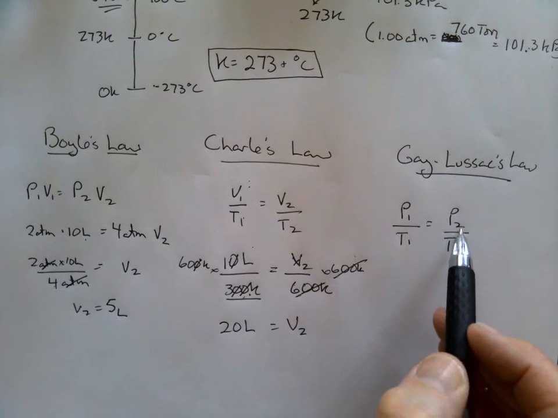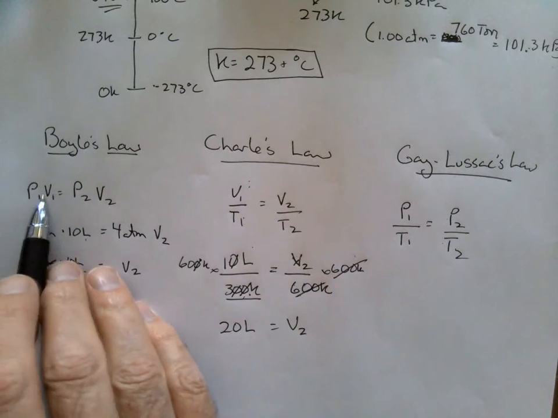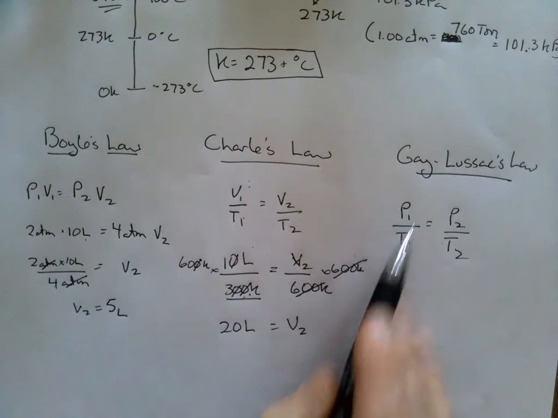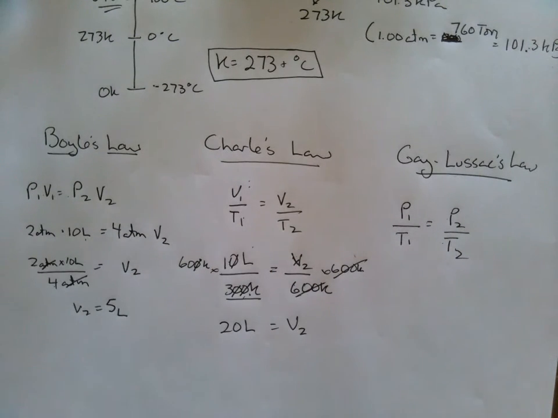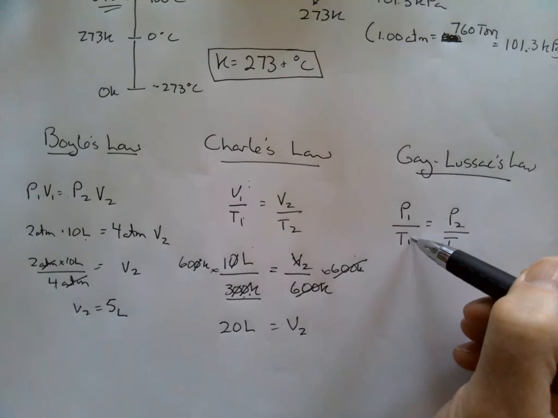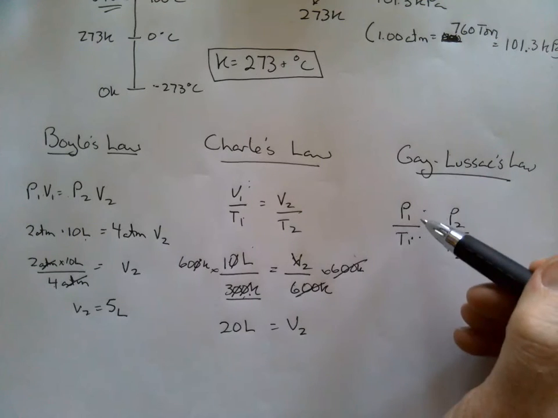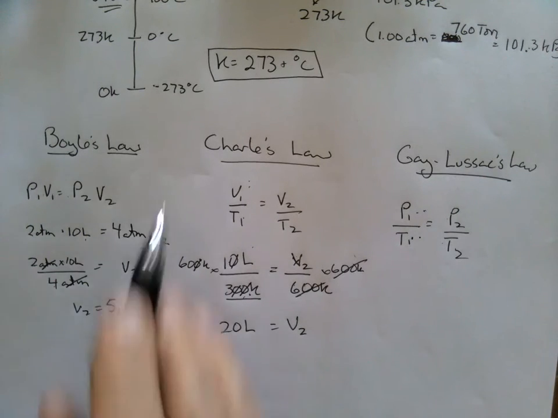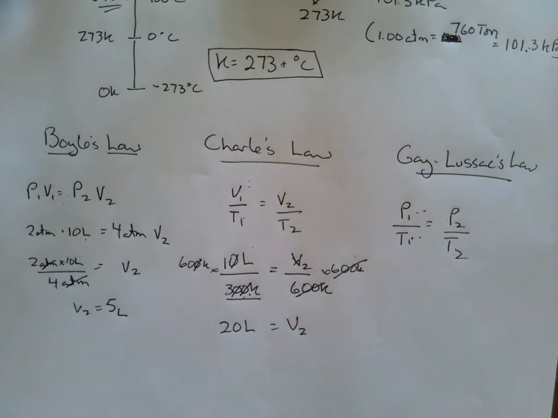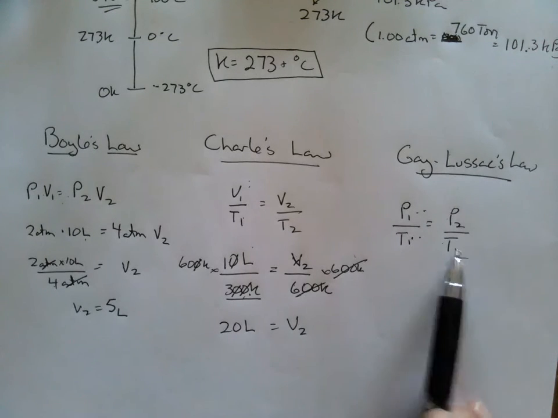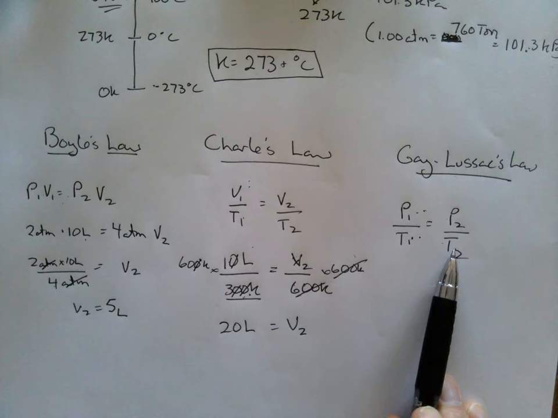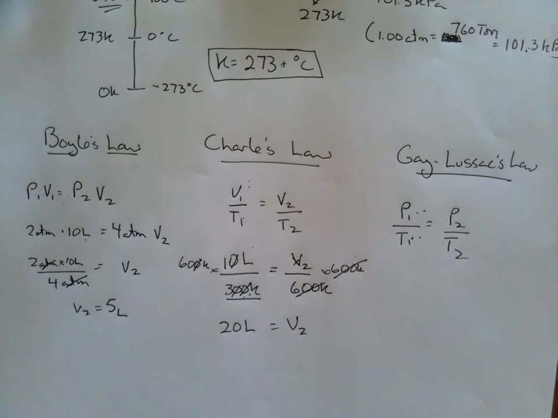Gay-Lussac's law deals with pressure and temperature. Pressure and volume, volume and temperature, pressure and temperature. Once again, if one variable is above another, that means if one variable goes up, the other variable goes up. When the two variables are beside each other, as one goes up, the other goes down. I'm not going to do an example of Gay-Lussac's law because it's going to be manipulated the same way Charles' law is.